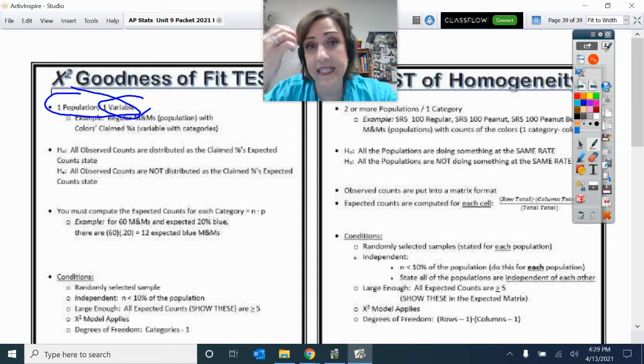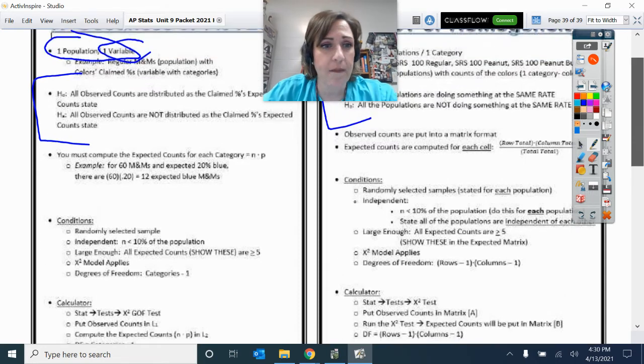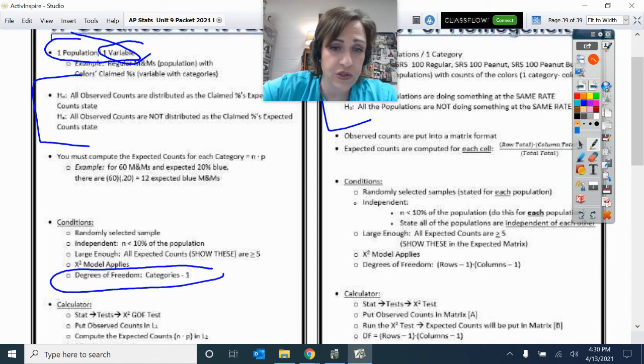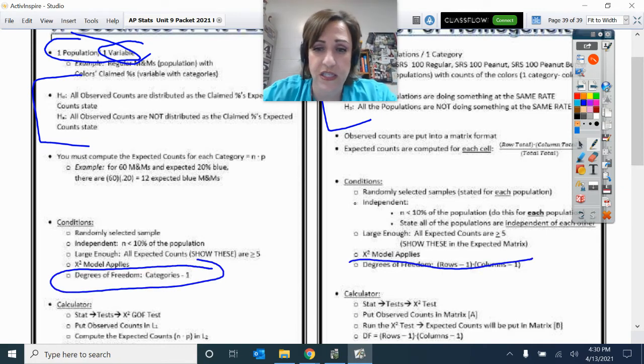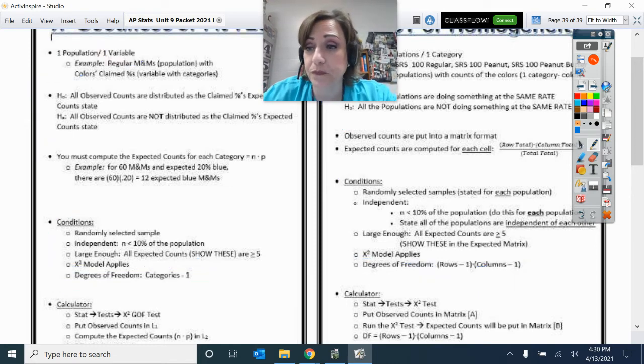Then it gives an example of what that is in context, and your hypothesis statements. What's different about these is your degrees of freedom, how those are different, and how you do your conditions for both of them.